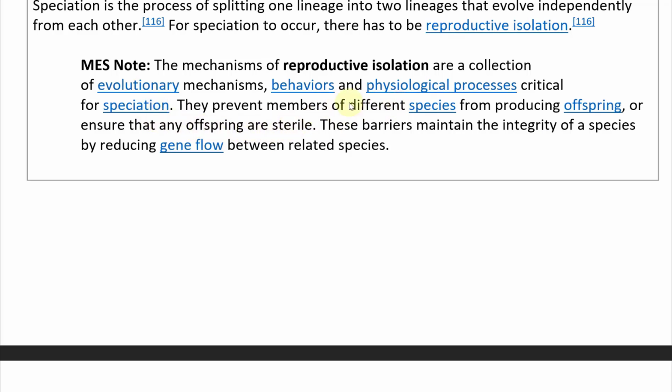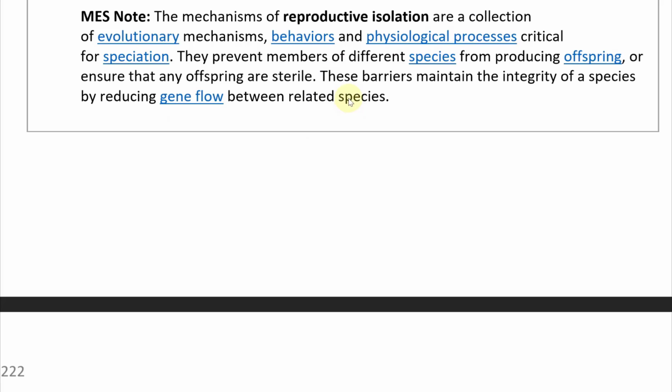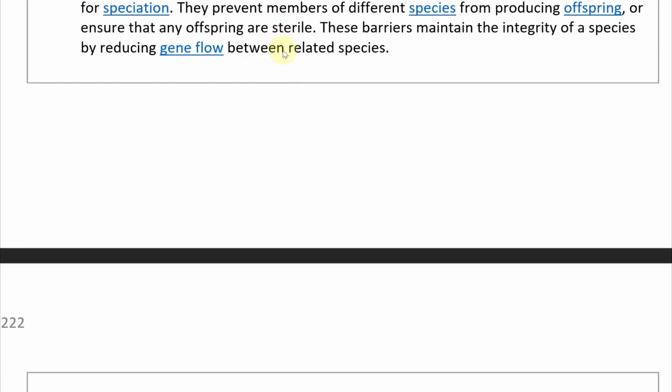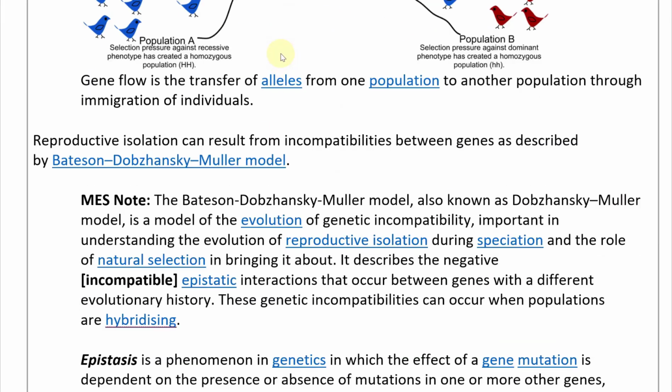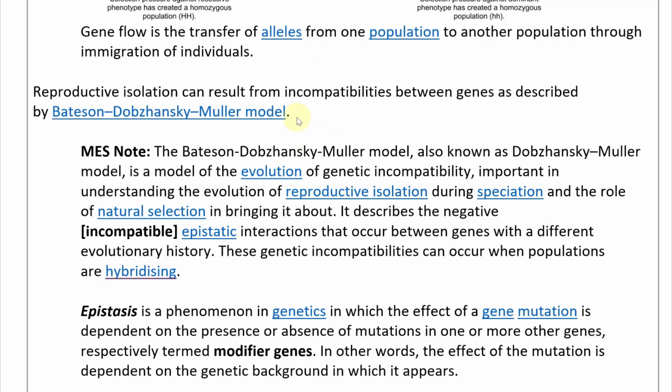So other mechanisms such as genetic incompatibilities and so on. They can't actually have offspring, or they die off, or they are sterile. So they never actually are able to reproduce. Not much of the population can reproduce.